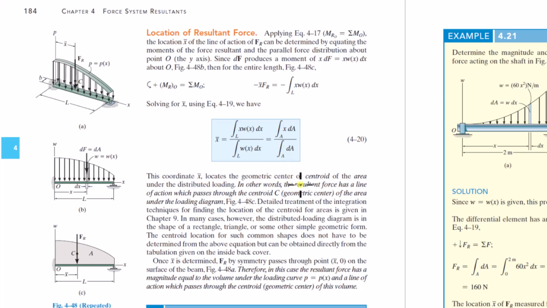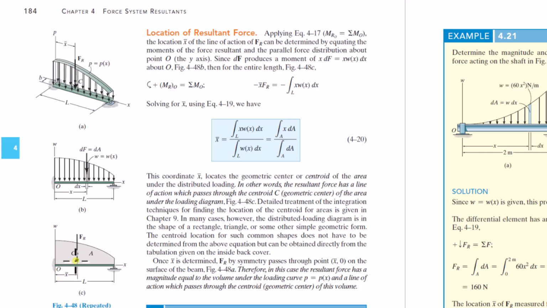What this location is, it's the x location of the center of area, or the centroid under the distributed load curve, the w(x) curve. Now, in a later chapter, we're going to go into detail on how to find centroids of areas, center of gravity, but we just touch on it here in this section. Here's the centroid, or the center of area of this area underneath this distributed load curve.